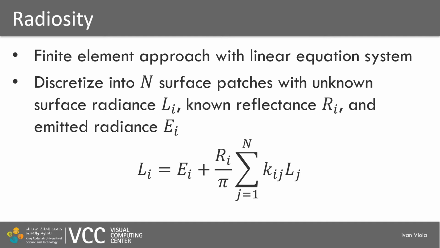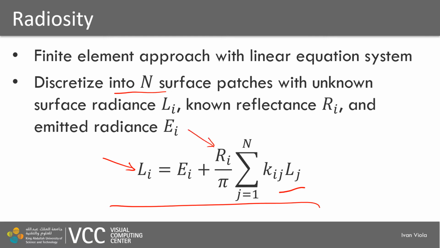So we discretize the surface patches of our scene into n surfaces, where we do not know the surface radiance, but as the light transport is within a system of these surface elements, we can solve for the radiance within a system of equations of this form, where each surface element is associated with a certain surface radiance, which is calculated from the field radiance, which is the surface radiance of some other surface elements.